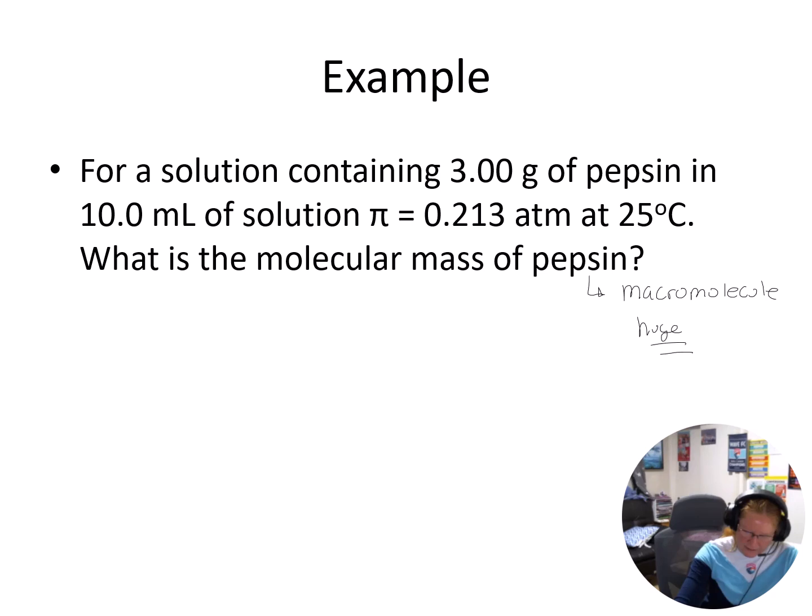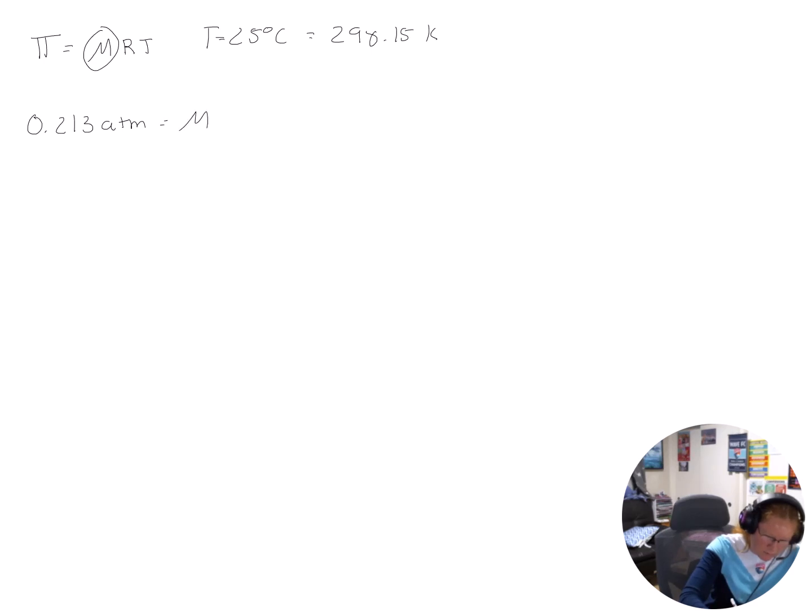All right. So our osmotic pressure is equal to MRT, and we're going to solve this for that molarity. Our temperature, we had 25 degrees Celsius. We need Kelvin, so 298.15 Kelvin. We had an osmotic pressure of 0.213 atmospheres. We don't know our molarity.